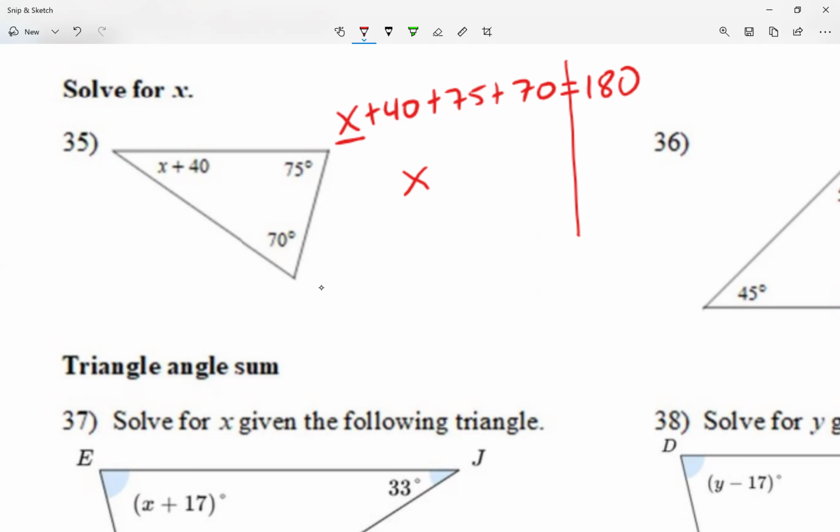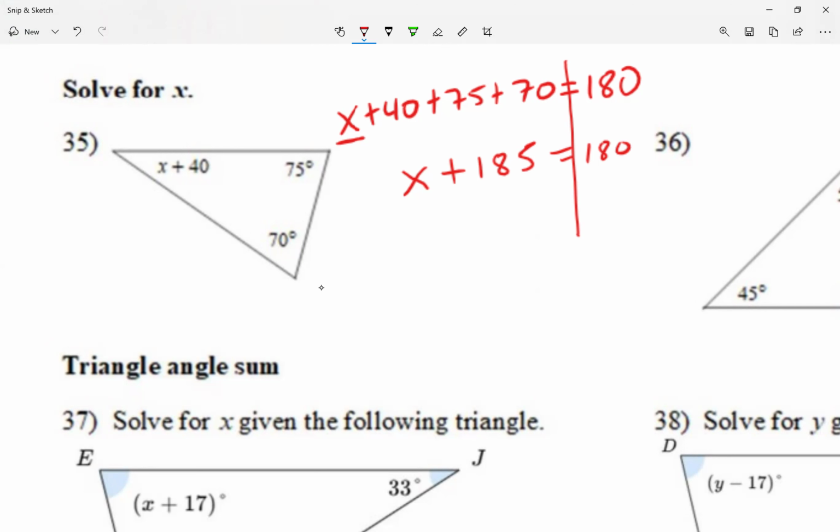Pause this video if you need to, grab a calculator if you need to. 40 plus 75 plus 70, in my case, gives me 185. So I have plus 185, and this is equal to 180. I just simplified the left side to make it a little simpler for me to see.